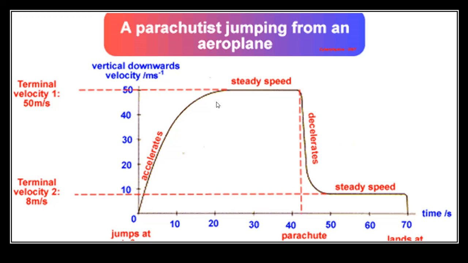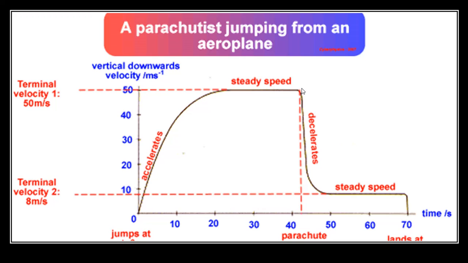Now, when you are accelerating, you have a high speed, right? The higher the speed, the higher the air resistance. So now the air resistance starts to become equal to the weight, and you fall with a steady speed. Now you start opening the parachute at this specific point. Once you open the parachute, high surface area means higher air resistance.